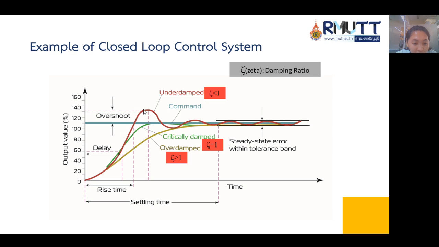You can see that there is still a small oscillation. The green line is the critically damped response, with zeta equal to 1. And the yellow line is the overdamped response, with zeta more than 1.